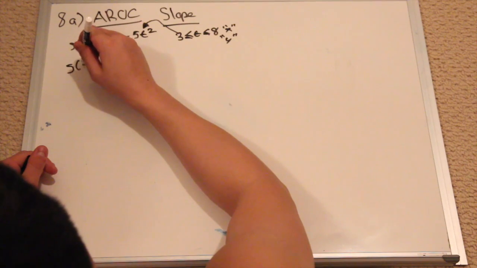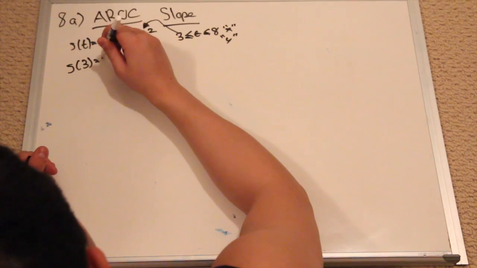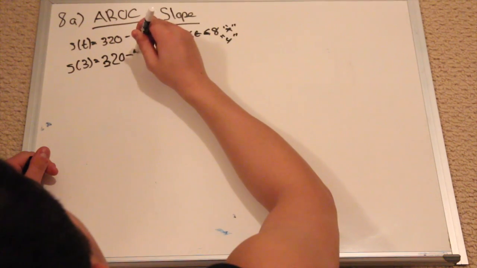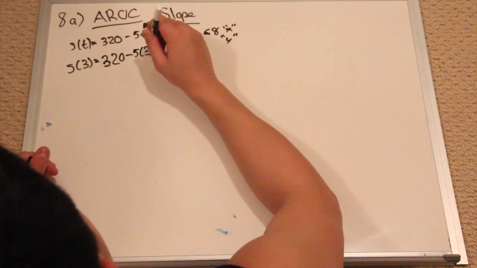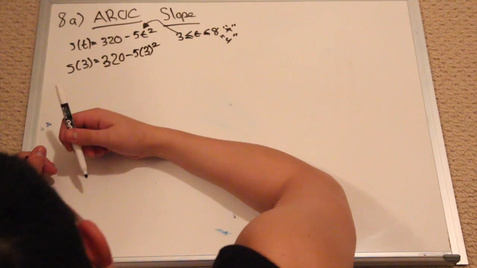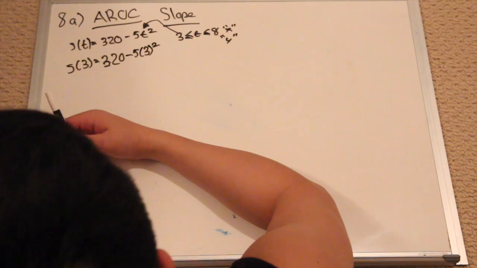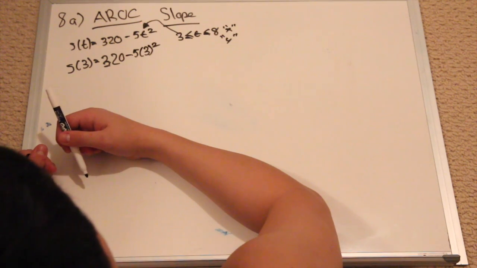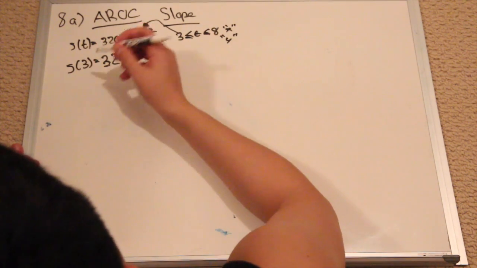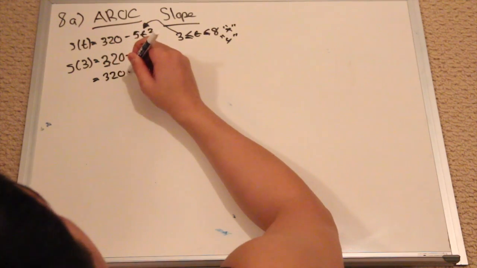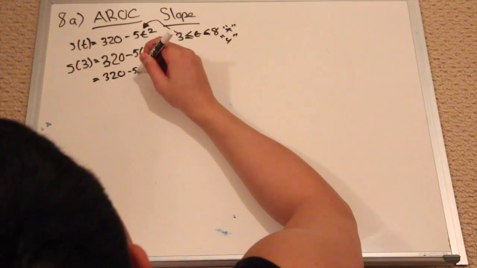So s of 3 is equal to 320 minus 5 times 3 squared. If you recall from grade 8 even, it's just basic BEDMAS from here. So it's 320 minus 5 times 9.